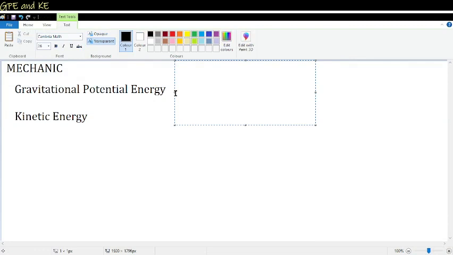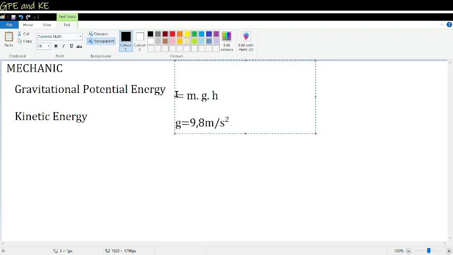For the gravity, if we talk about Earth, usually we use 9.8 for the gravity acceleration, 9.8 meter per second square.